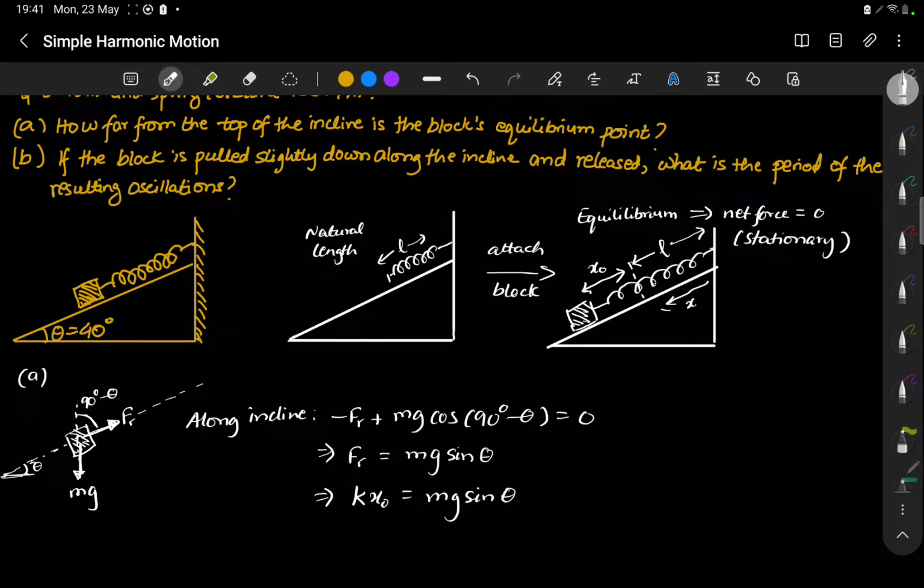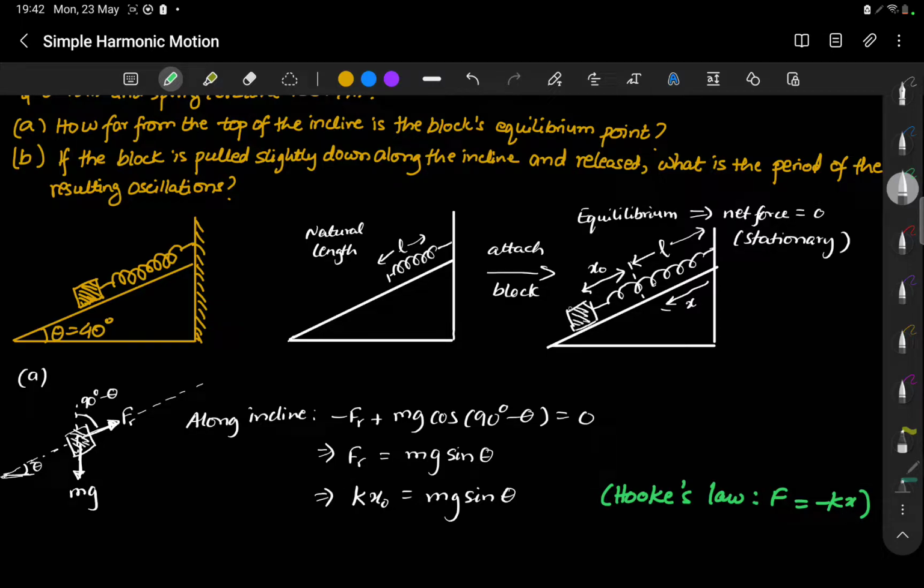So this is coming from Hooke's law, which says that the restoring force is negative kx. The negative sign signifies that the direction of the restoring force is opposite to the direction of the displacement.